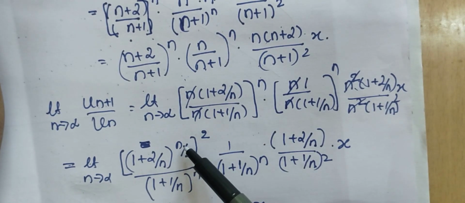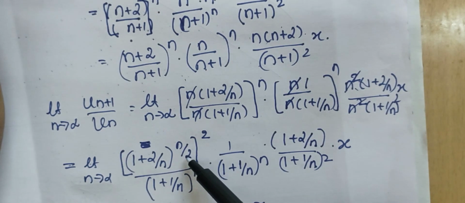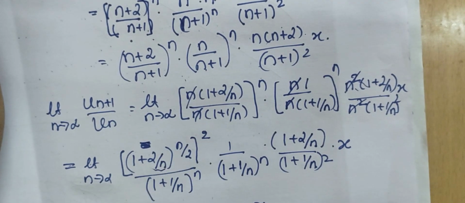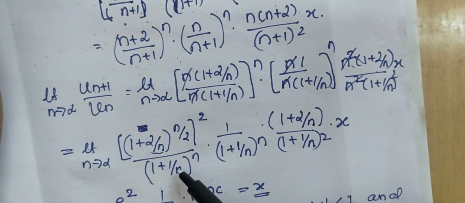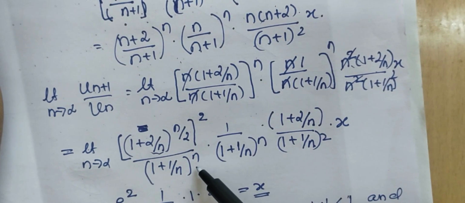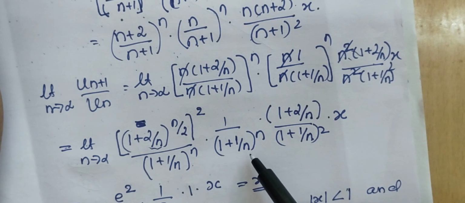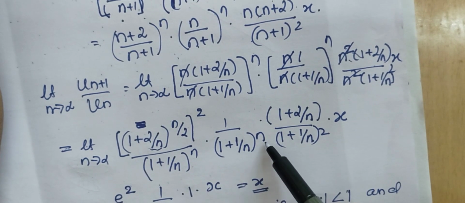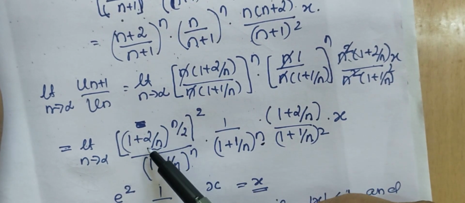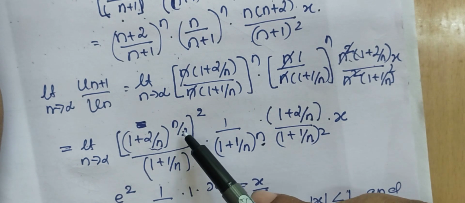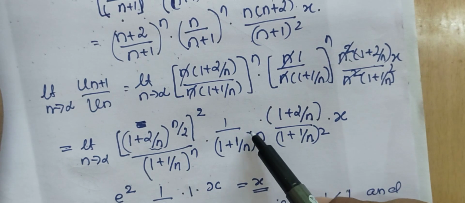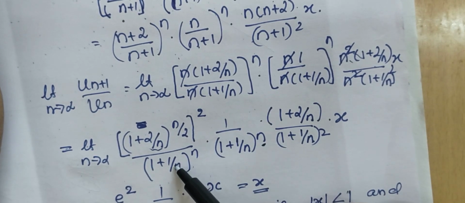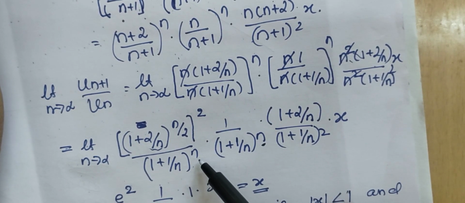So n by 2 is the reciprocal of 2 by n. In the same way, the reciprocal of 1 by n is n by 1, that is n. For these three terms, which contain power n, that is why we use that technique: the reciprocal of the inside term goes in the power.